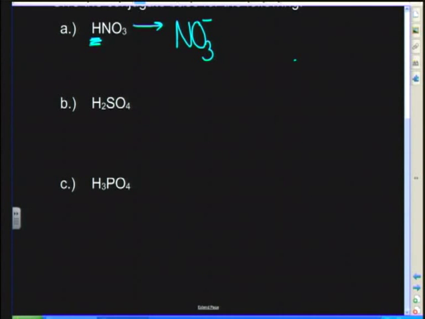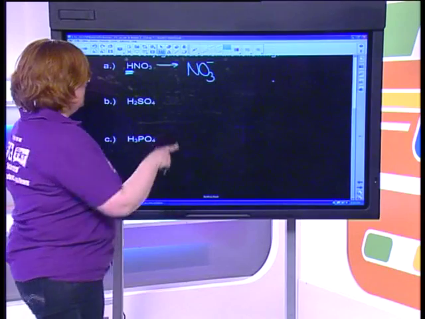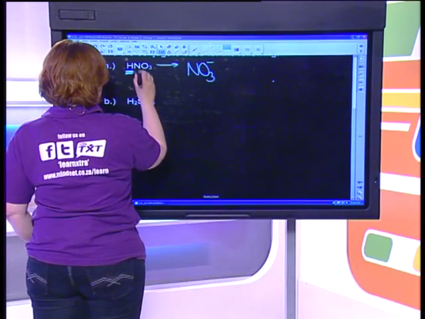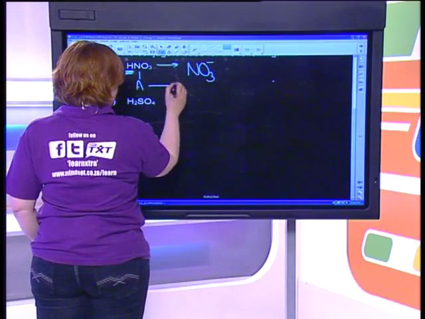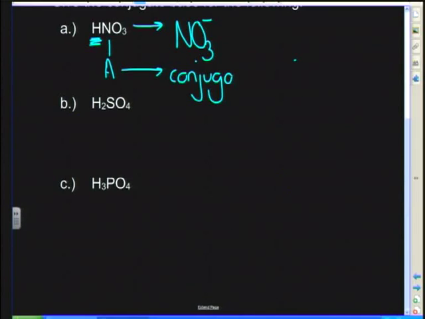It's only one minus because I only took away one positive. Okay, if I took away two positives, it would become 2 minus. So this is the acid.